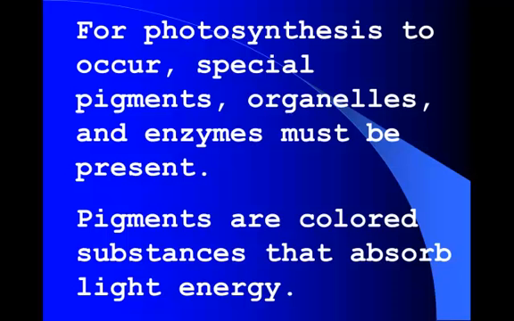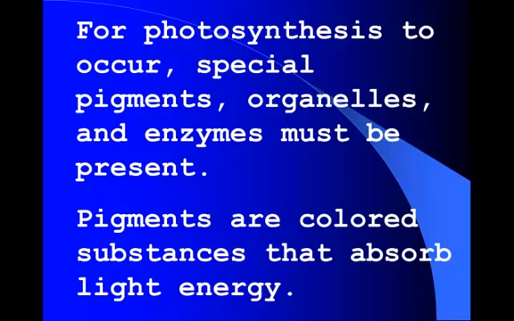For photosynthesis to occur, you have to have special pigments, and that's why the plant kingdom has all these different pigments that are stored in plastids. We've looked mainly at one, the chloroplast, which contains the pigment chlorophyll. So all these pigments, different colors, and now in the fall you're going to start seeing some of them.